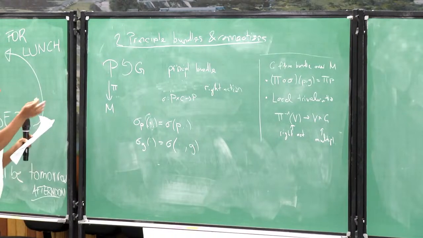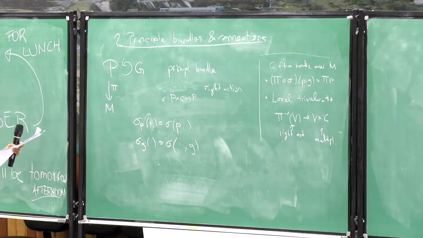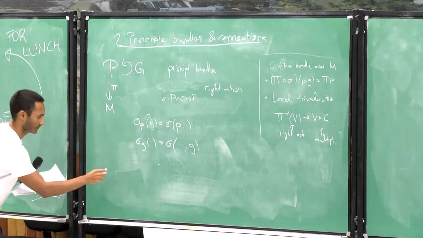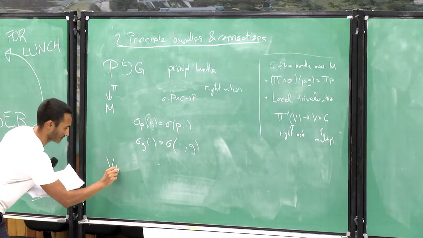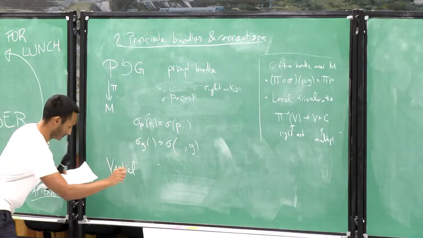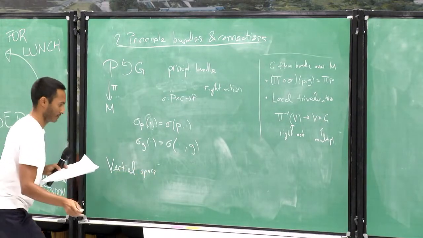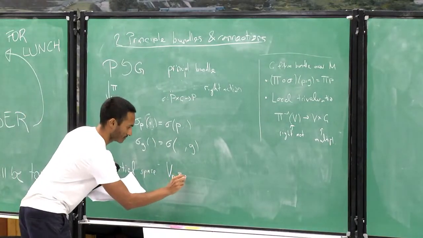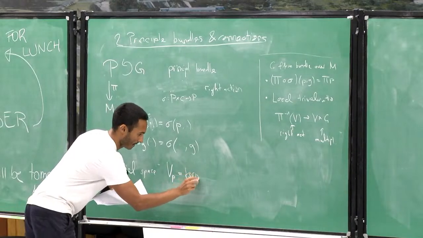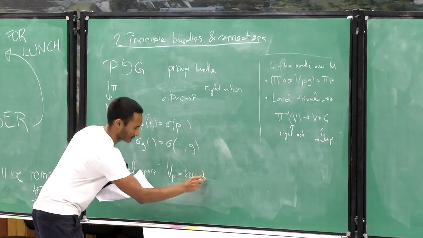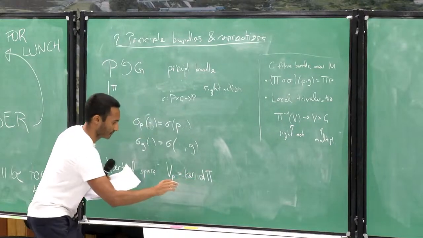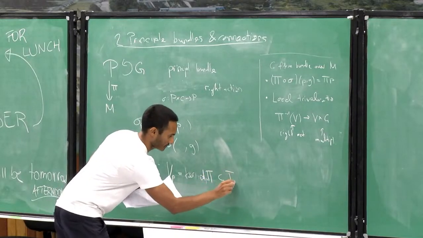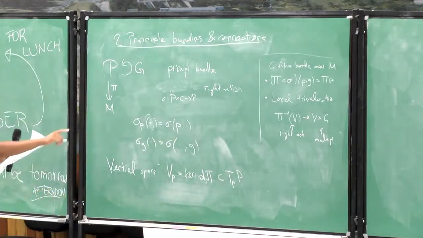Given this data, there's already one canonical subspace of the tangent space of P, which has a name, the vertical space, which we denote by VP at the point P. This is given as the kernel of the derivative of the projection map at P, and that's a subspace of the tangent space of P at the point P.